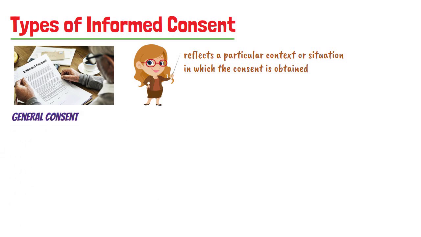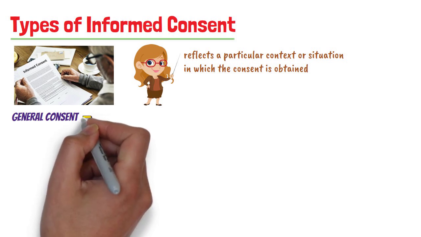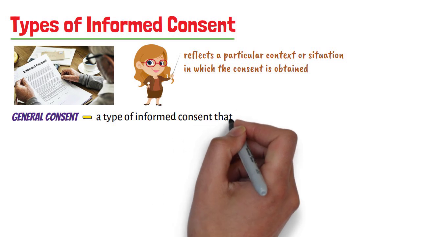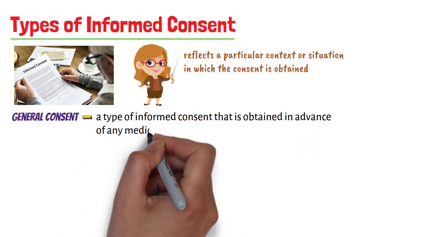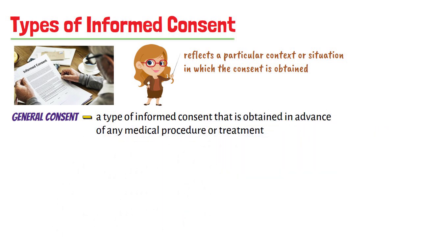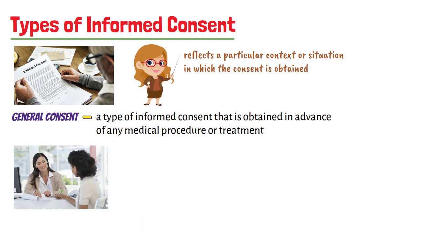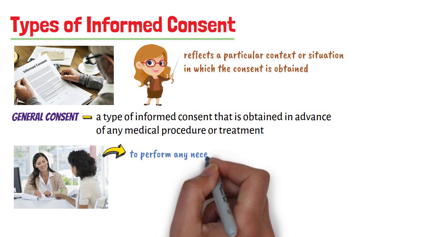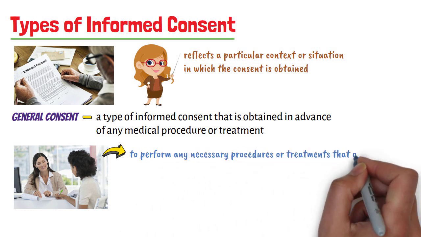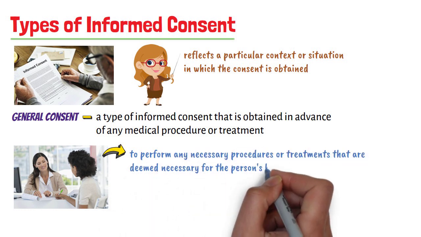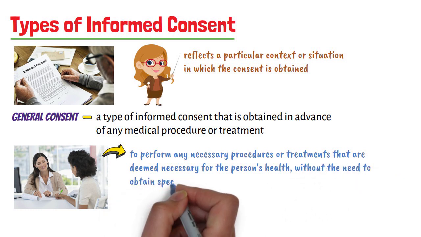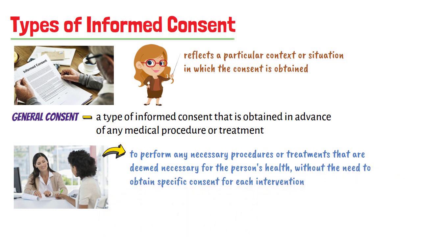First, general consent. General consent is a type of informed consent that is obtained in advance of any medical procedure or treatment. It authorizes the healthcare provider to perform any procedures or treatments that are deemed necessary for the person's health, without the need to obtain specific consent for each intervention.